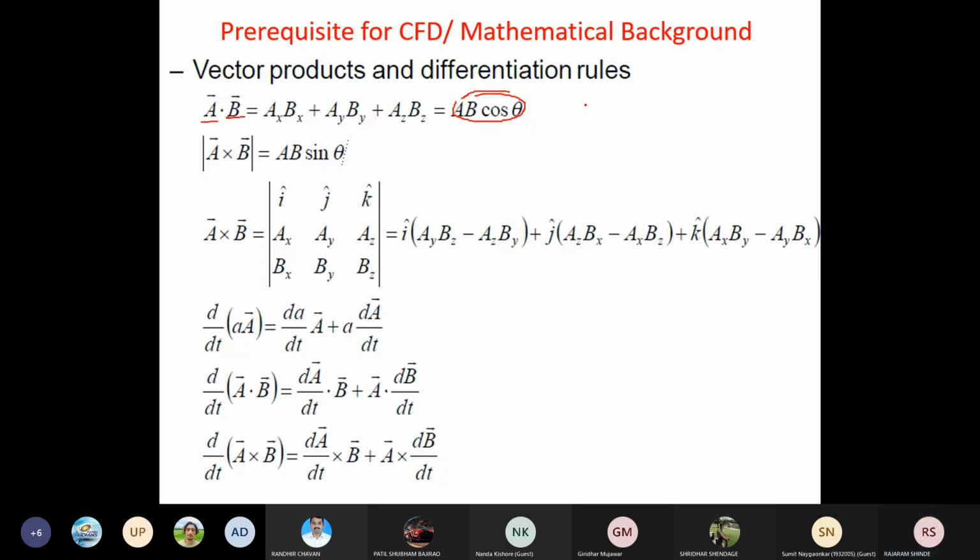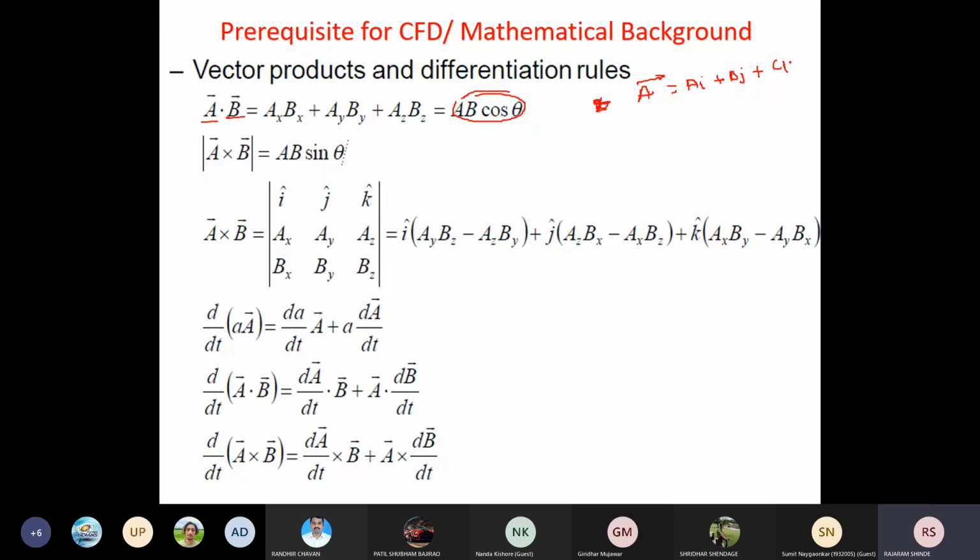You can see here, if I write one vector, suppose, okay, I will take variables. Vector A means what? Vector A is represented by a1 i plus a2 j plus a3 k.